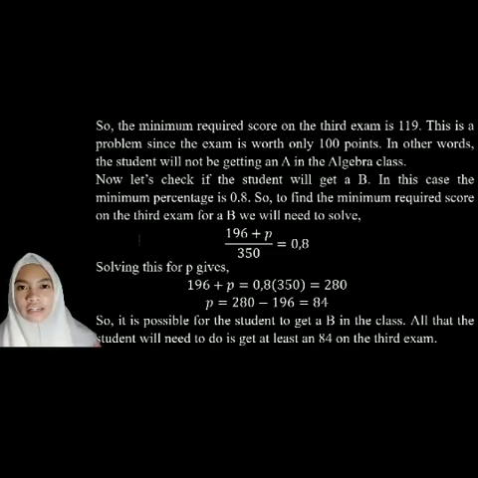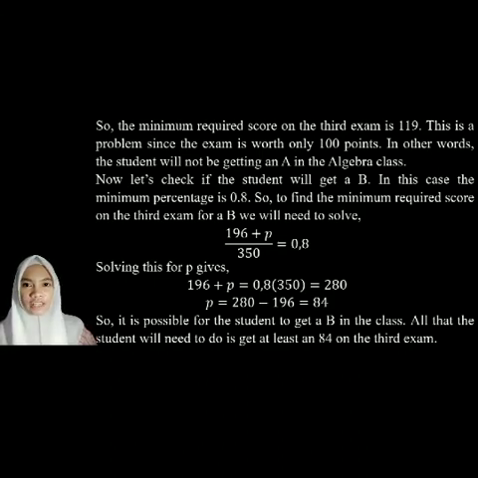Then let's look at a B. This is because the minimum percentage is 0.8. So, to find the minimum required score on the exam for a B, we will need to solve 196 plus P over 350 equals 0.8.